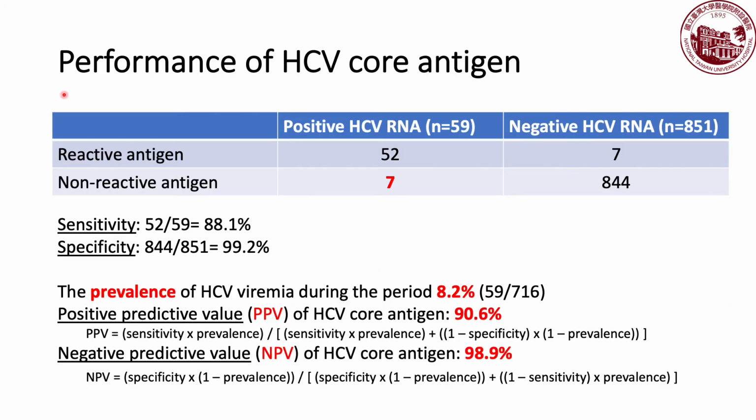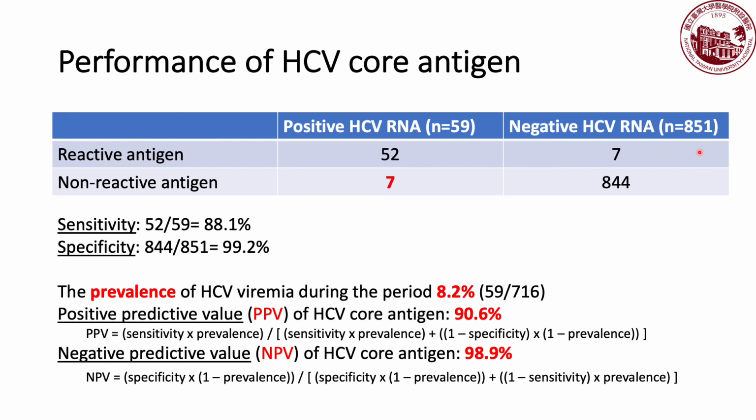This slide shows the performance of HCV core antigen. Of the 59 specimens positive for HCV RNA, only 52 had a result of reactive antigen.